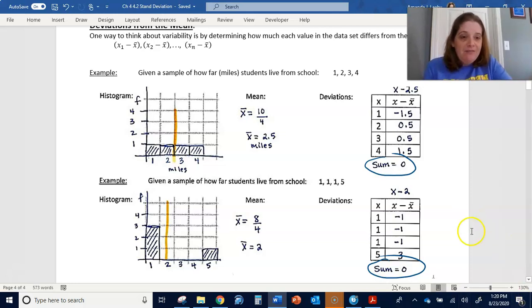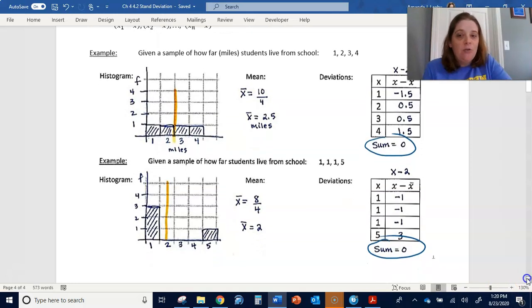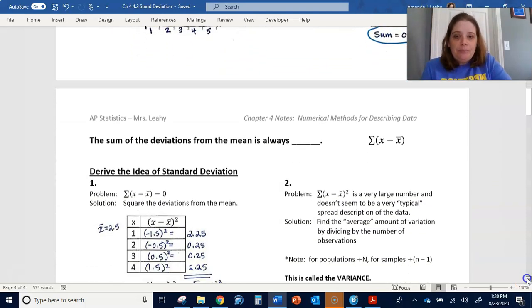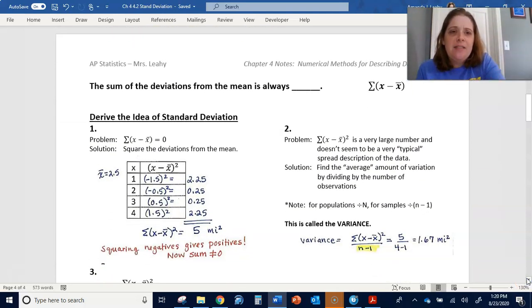Both of them do, and in fact, this happens every single time. The sum of the deviations from the mean is always 0. If you take x minus x bar, the difference between a data value minus the average data value, those always add up to 0, always.